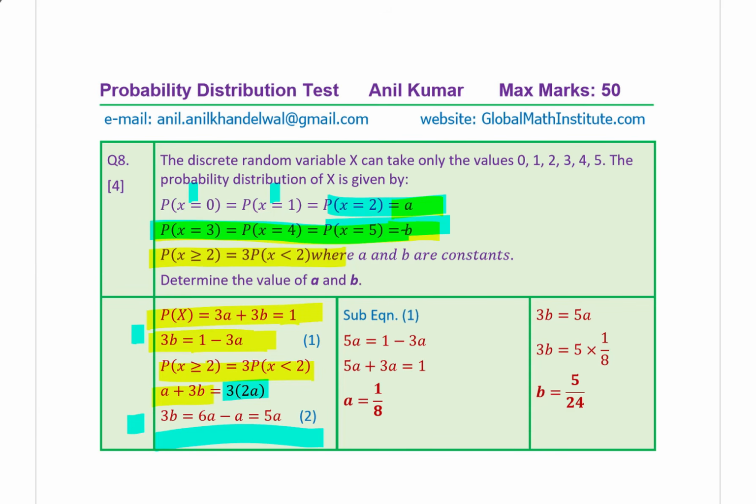You can do substitution or elimination. I substituted the value of 3b, which is 1 minus 3a, in equation 2. And so we got one equation, calculated the value of a, which comes to 1.8, substituted back 1.8 and then calculated b, which comes out to be 5 by 24. And that is how we are going to solve this particular question.